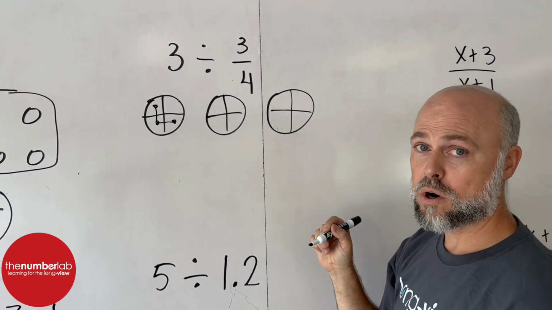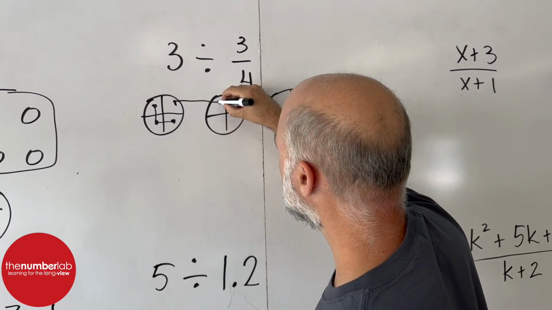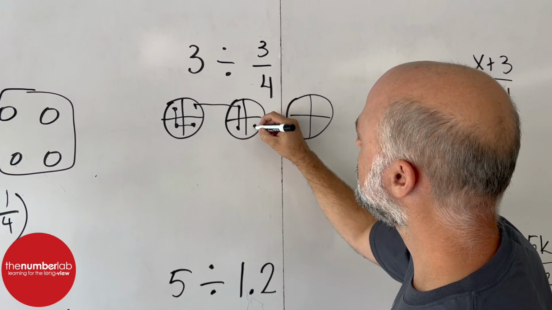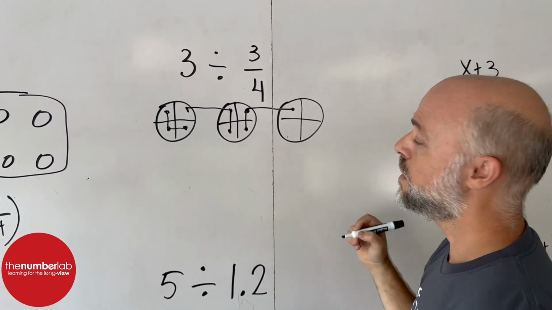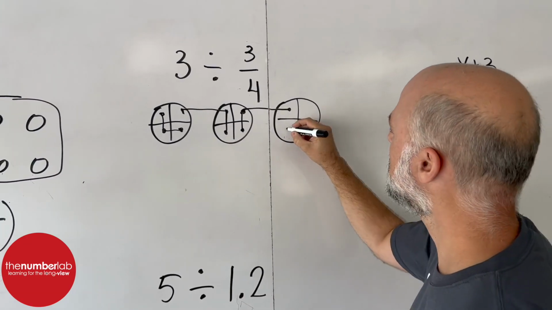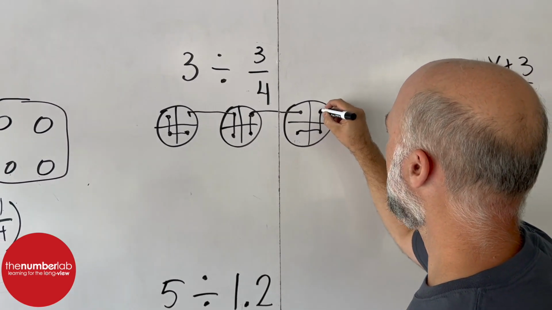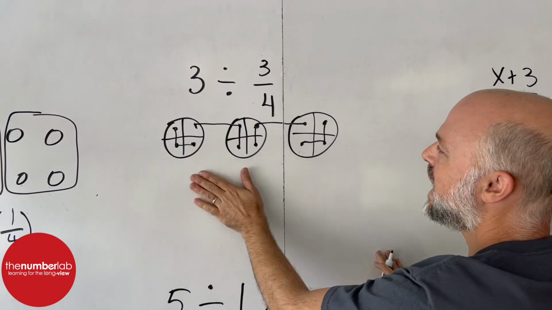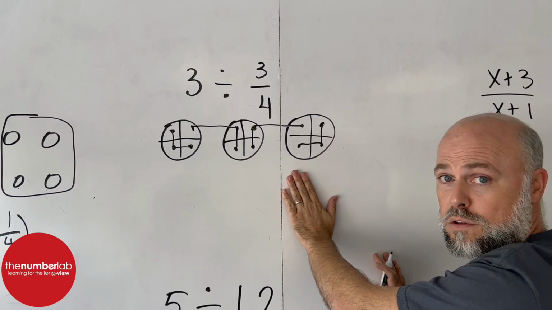There's a group of 3/4. There's a group of 3/4. Another group of 3/4. And another group of 3/4. We took the 3 wholes and we divided it up into groups of 3/4.